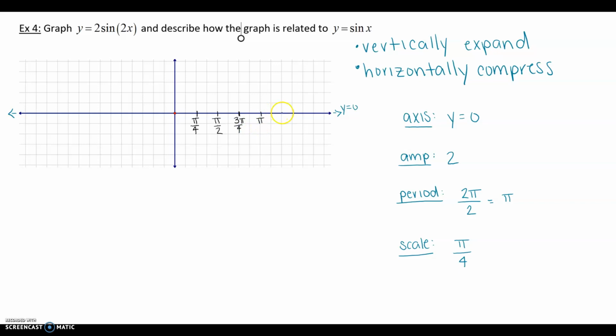And then we've got more space so we can keep going, but that is 1 period, so we're good. So what am I at? 5 pi over 4, 3 pi over 2, and 7 pi over 4. Hopefully I didn't mess up. 1, 2. I don't think I did.